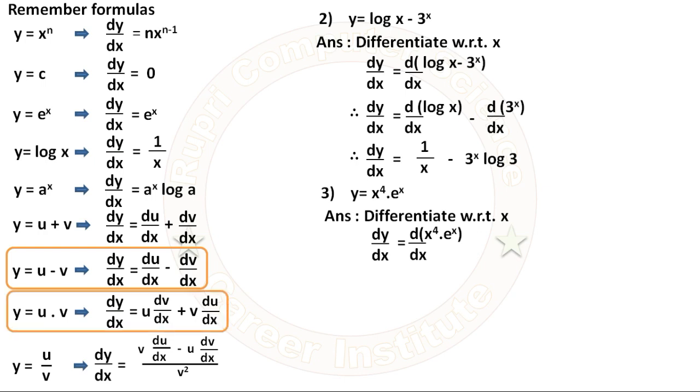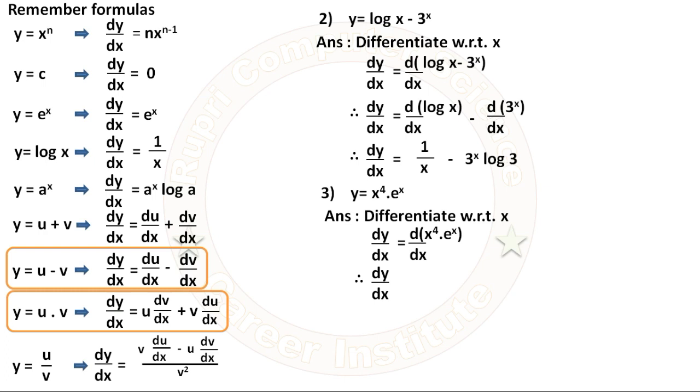Now applying this formula in our solution, u is x raised to 4 and v is e raised to x.